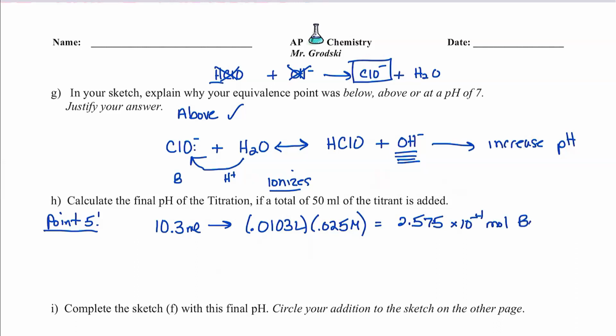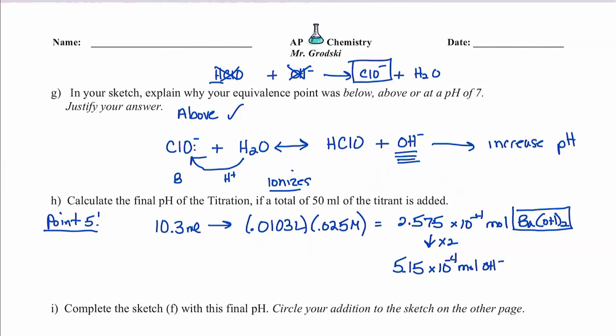Barium hydroxide. We need hydroxides. So the ratio is for every 1 barium hydroxide, there's 2 hydroxides. So this number we times by 2, and you get 5.15 times 10 to the negative 4 moles of hydroxide.